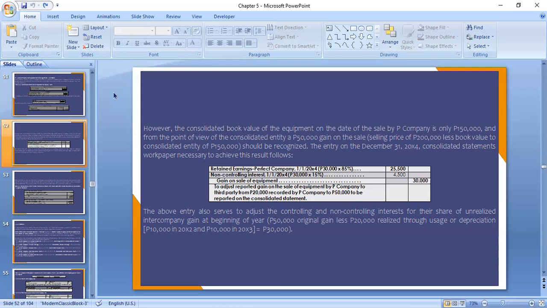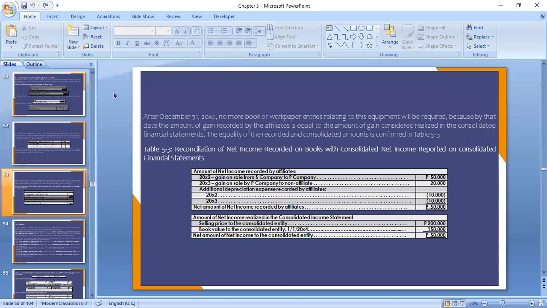So we have the above entry serves to adjust controlling interest. Okay, so we have now the credit to 30,000. So we now get debit to retained earnings for parent, then non-controlling interest, and credit gain on sale of equipment.